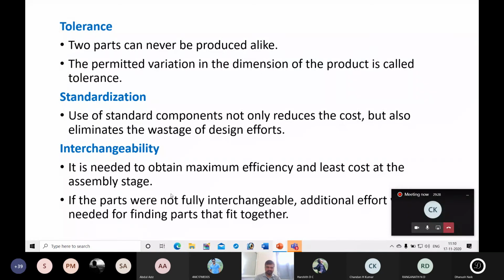That is the concept of interchangeability. To the maximum possible extent, you should avoid these consequences. That means when you go for assembling, it should get easily assembled. Then that will reduce the effort put into assembling parts.